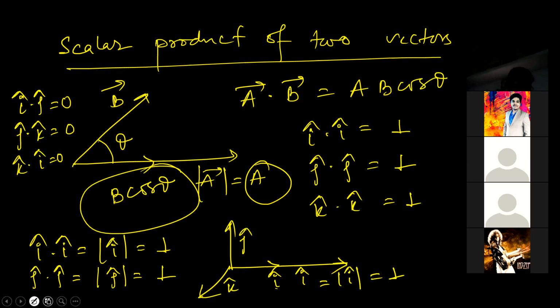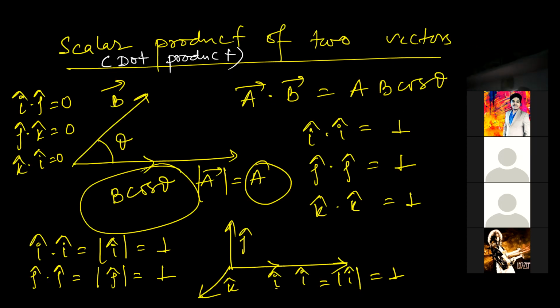Just write down, it is also known as the dot product. I have only written scalar product, so there is a small space here: it is also the dot product. Because if I give you a question in your exam asking to find the dot product of two vectors, you will not understand what a dot product is.